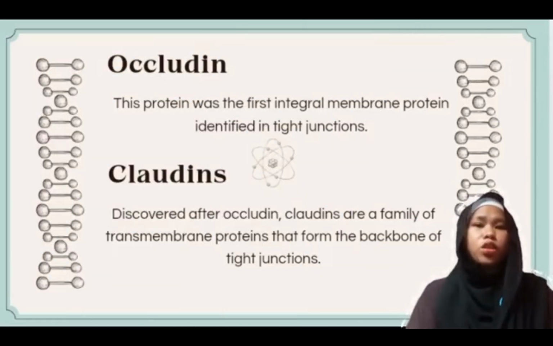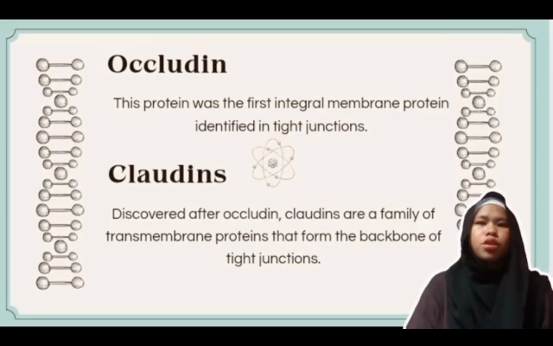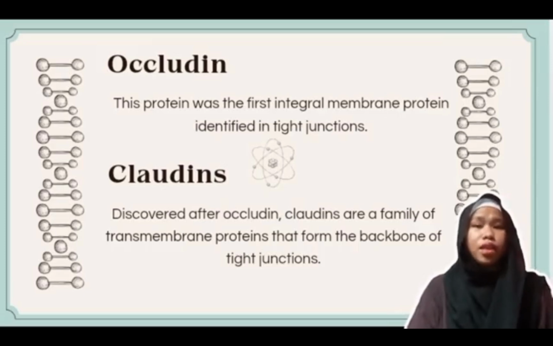So the primary function of claudins is to form the core of the tight junction barrier, creating a selective permeability barrier that controls the flow of molecules in the intercellular space. So occludins and claudins are integral membrane proteins that play a crucial role in the formation and function of tight junctions, which are essential structures in epithelial and endothelial cells.